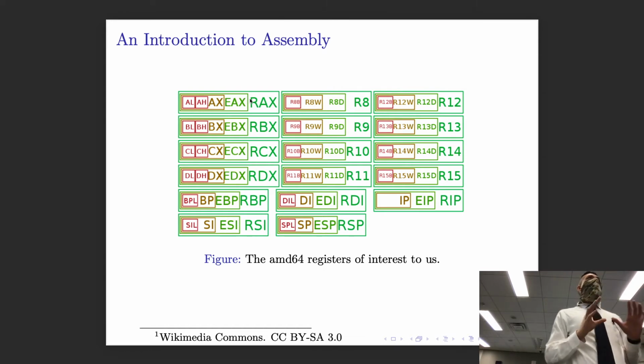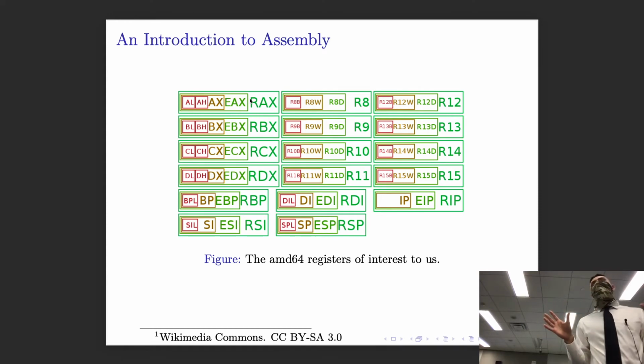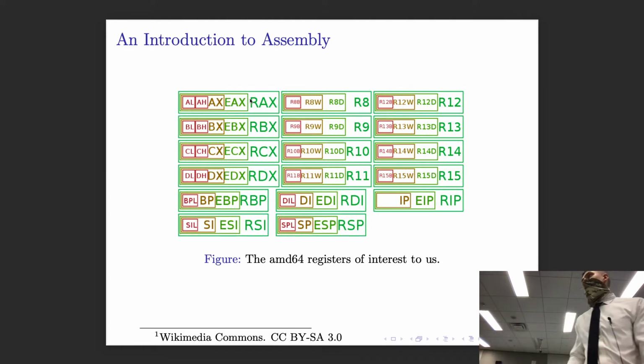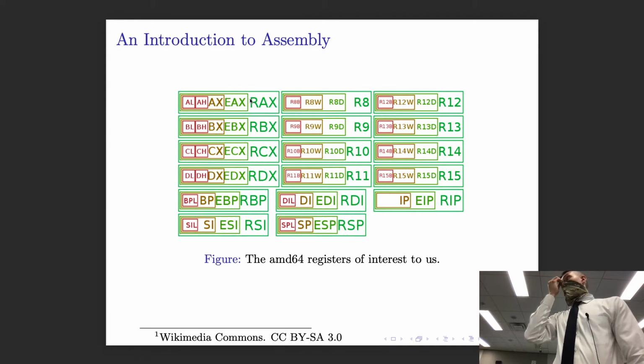What 64-bit means, more or less, and this can be argued in a couple of ways, is the size of a register on that processor. So in x86-64, the general purpose registers are going to be 64 bits, or 8 bytes. And one of the things you can do in x86 is refer to 4 bytes of that register.